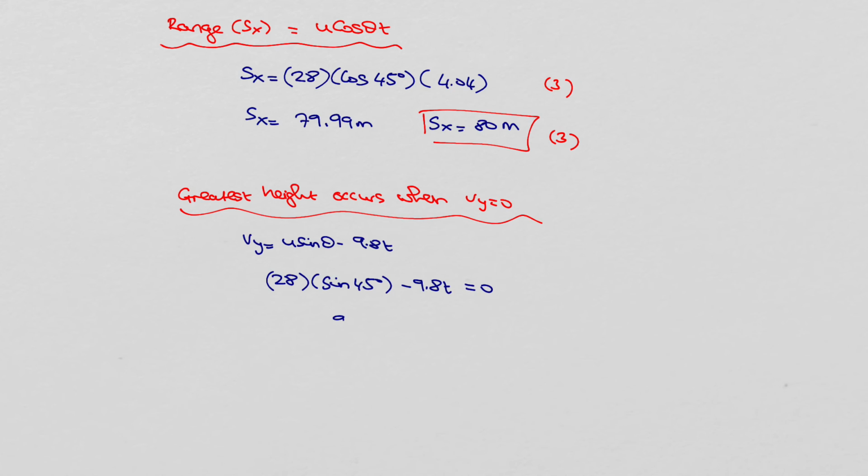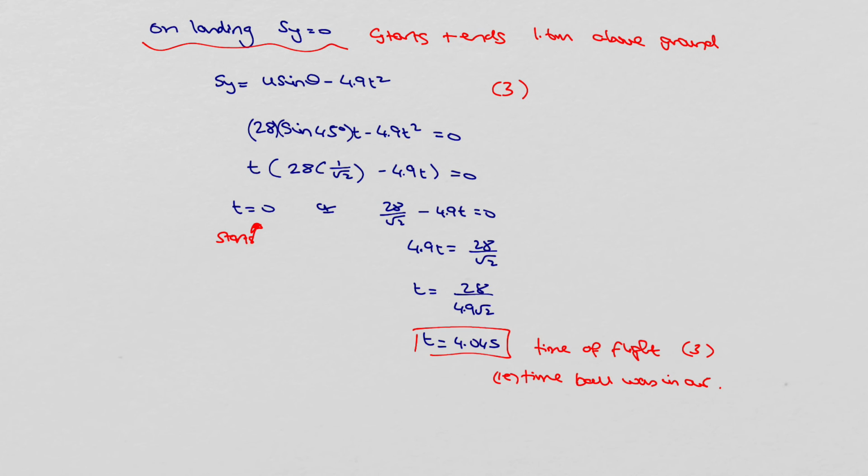So 9.8t is equal to 28, and sine 45 is 1 over root 2, so that's going to be 28 over root 2. And the time at which that happens is going to be 28 divided by 9.8 root 2. So the time for the greatest height is 2.02 seconds.